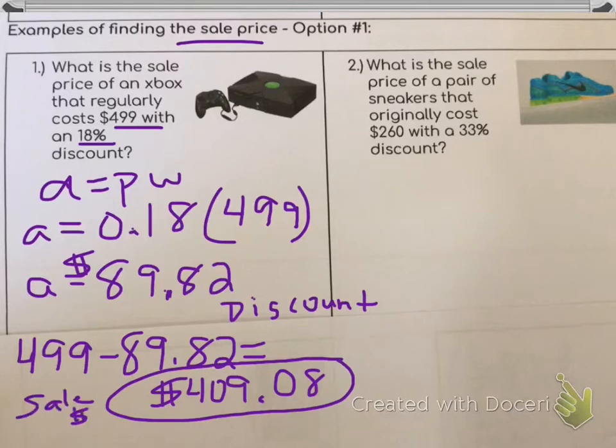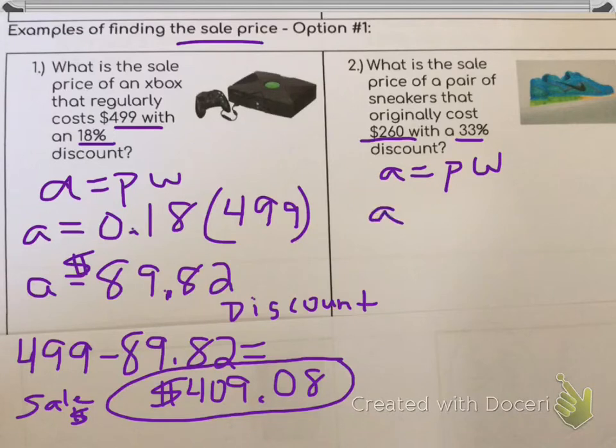Same thing on number two. What is the sale price of a pair of sneakers that originally cost $260 and there's a 33% discount? We could find the discount and then subtract it from the original to get the sale price using the percent equation. Part equals percent as a decimal times the whole.